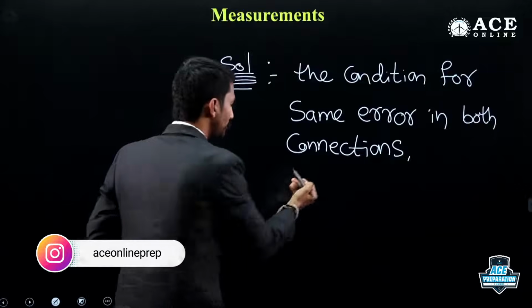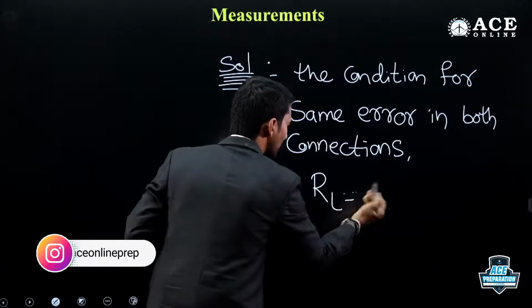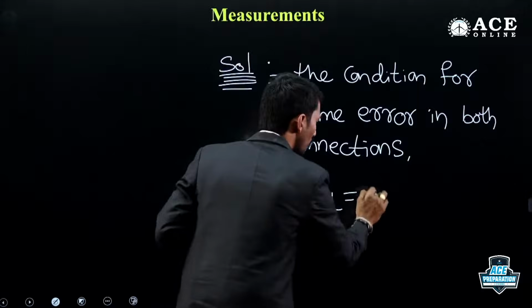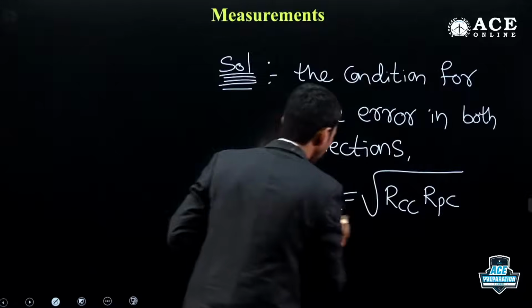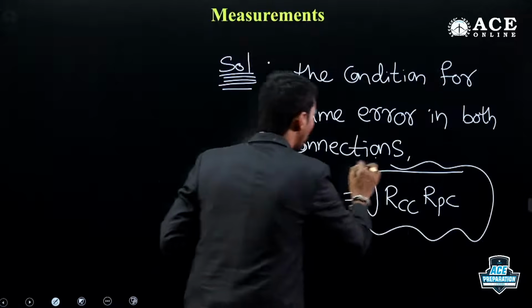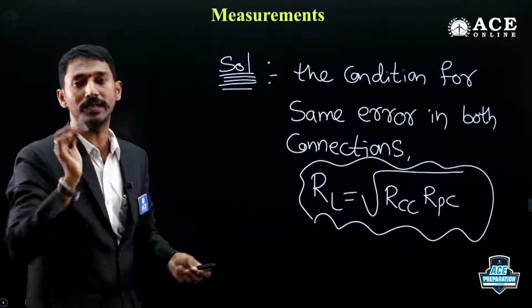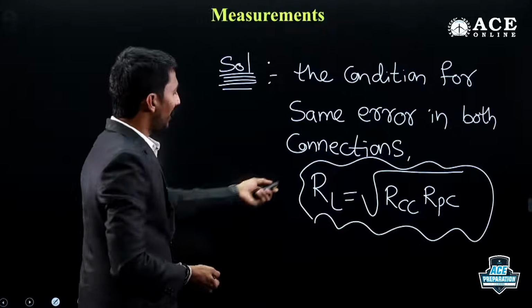What is the condition? Load resistance RL is equal to root of RCC into RPC. This is the universal formula. You must be able to recollect. Okay. Now, what is RL?